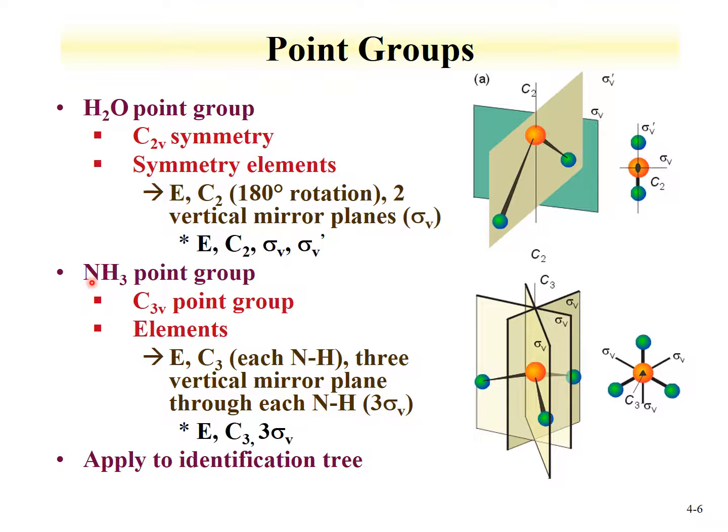And then for ammonia, the molecule here, there's one C3 axis. There's three vertical mirror planes. There's no horizontal mirror plane. And as an exercise, you can use these figures to go through the identification tree and identify the point groups for these molecules.